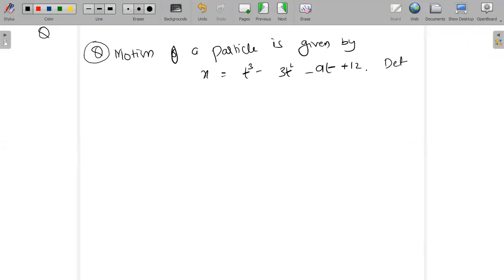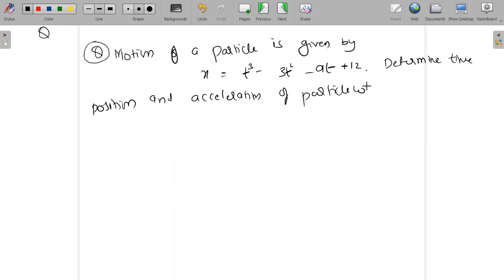They are saying determine the time, position and acceleration of the particle when its velocity becomes zero.